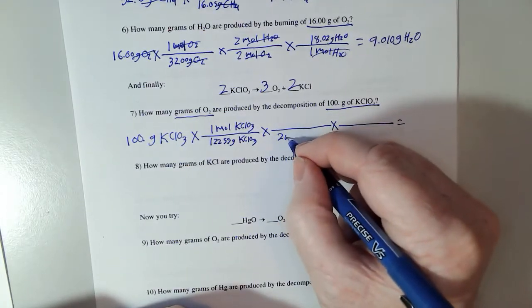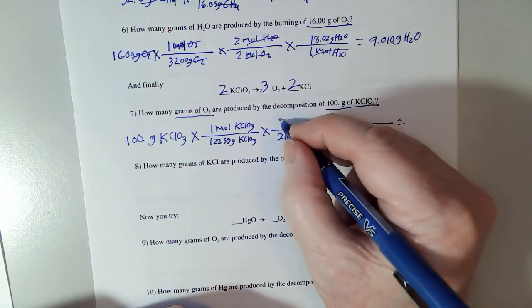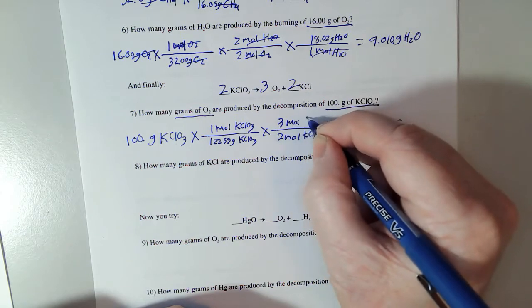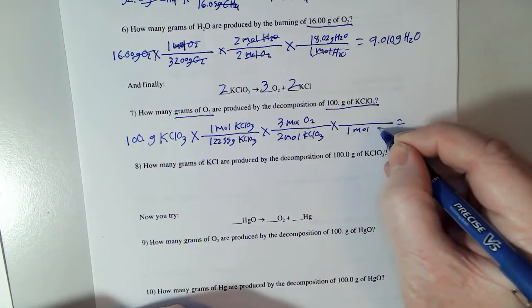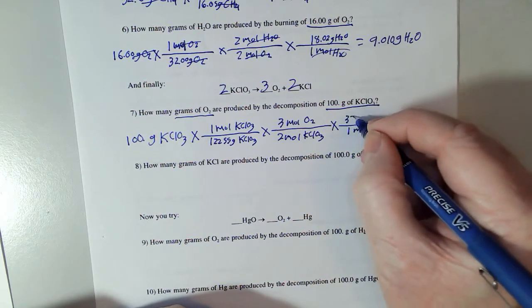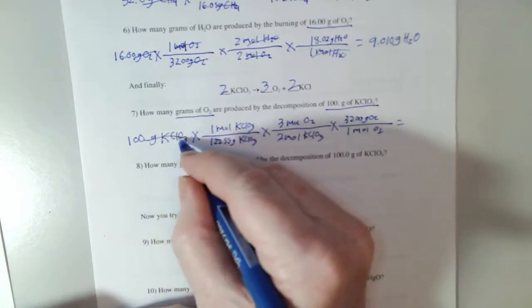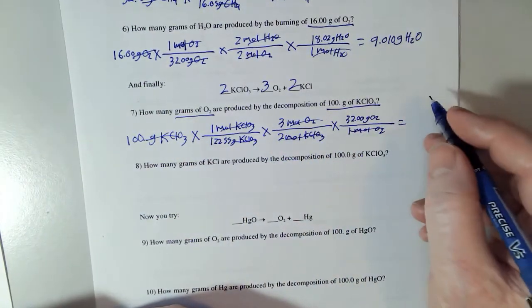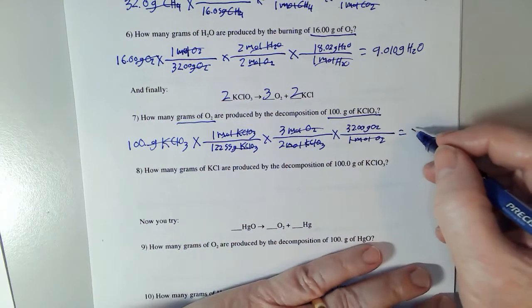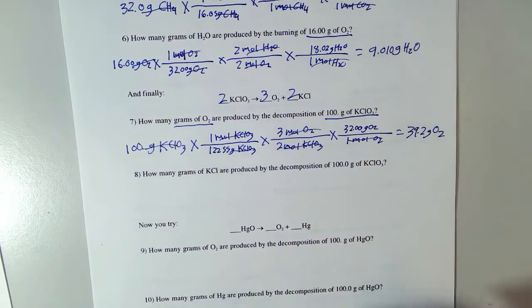Then I can say 2 moles of KClO3 give me 3 moles of O2. And 1 mole of O2 gives me 32.00 grams of O2. These cancel, and those cancel. And on my calculator, 39.2 grams of O2.